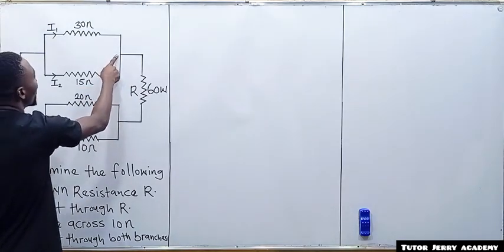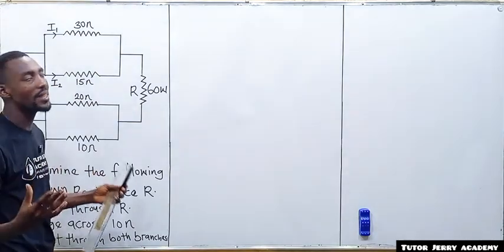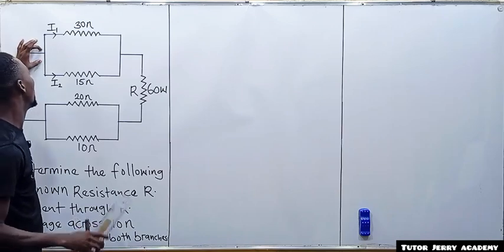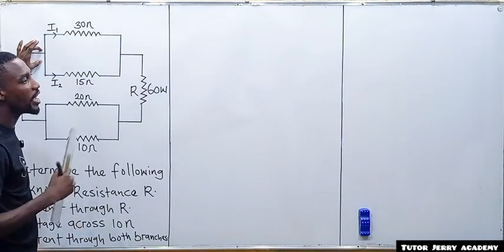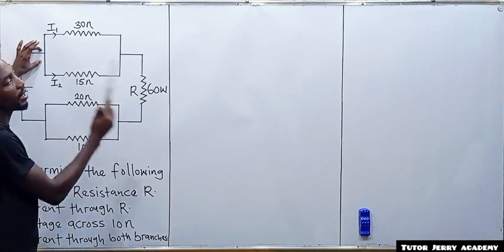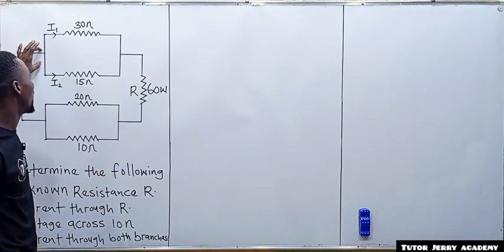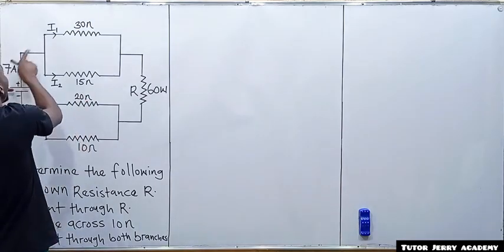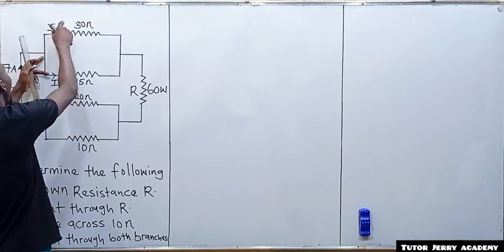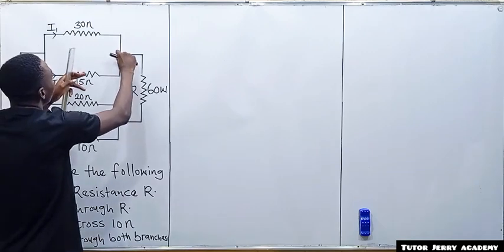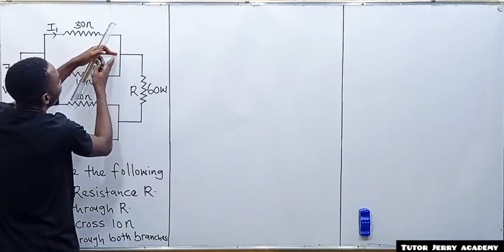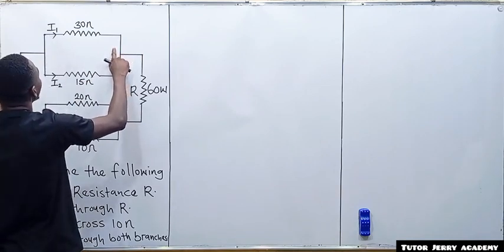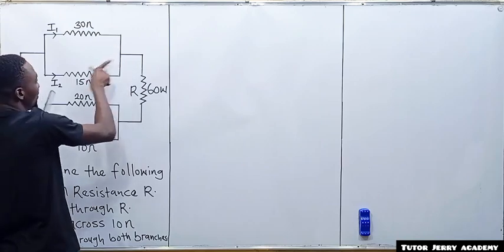When they get here, don't forget that from Kirchhoff's current law, the sum of current that enters a node will be equal to the sum of current going out of the same node. The 7 ampere that enters splits into I1 and I2, and when they get here, the two of them combine and move out. So I1 plus I2 will still be equal to the 7 ampere going out.